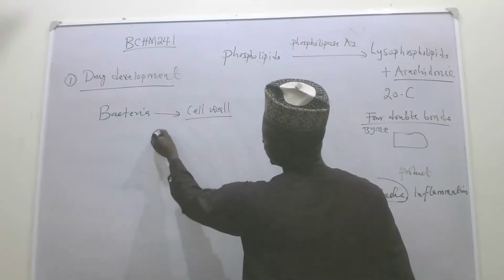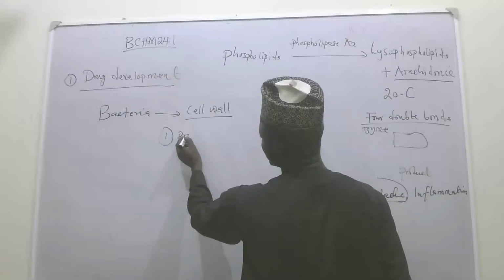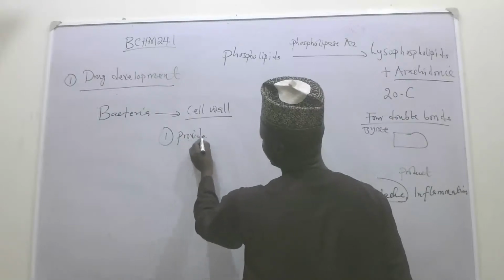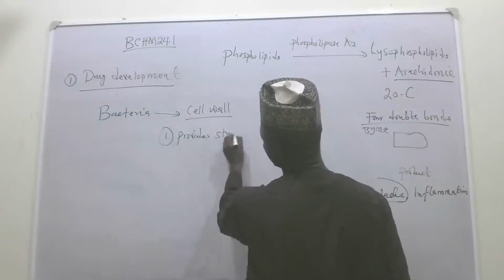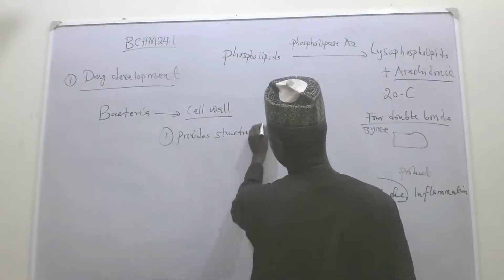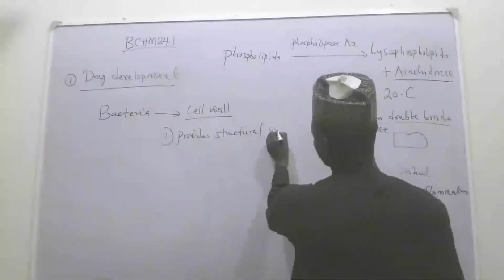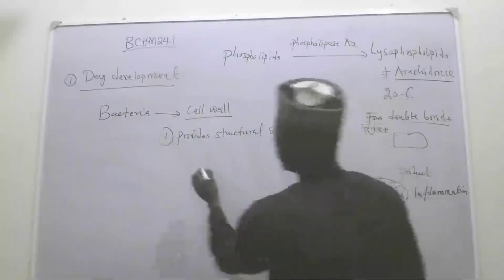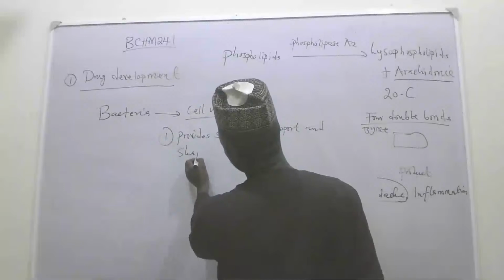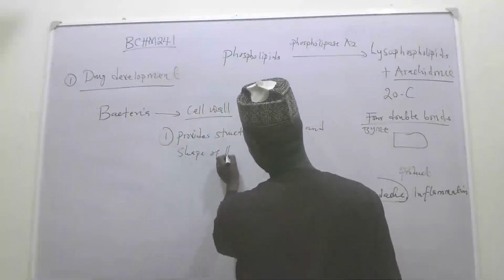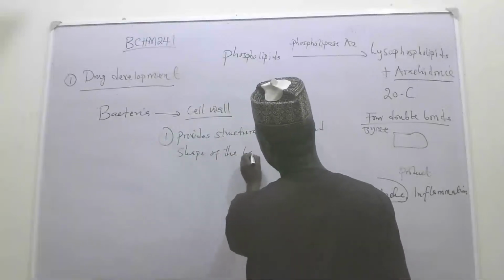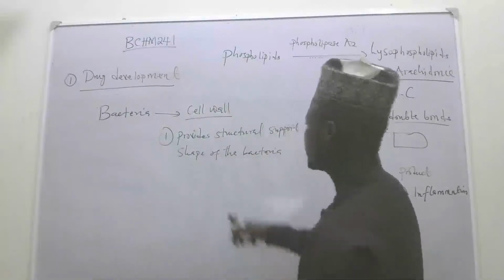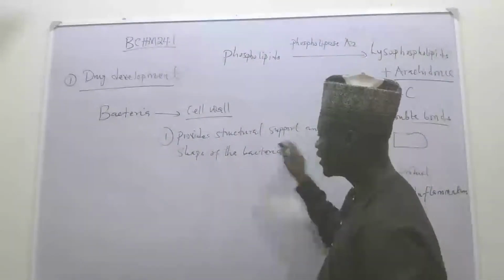Number one, it provides structural support and shape of the bacteria. So one of the major roles of the cell wall in bacteria is to provide structural support and shape.